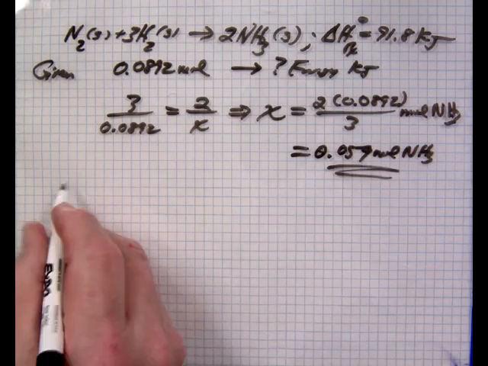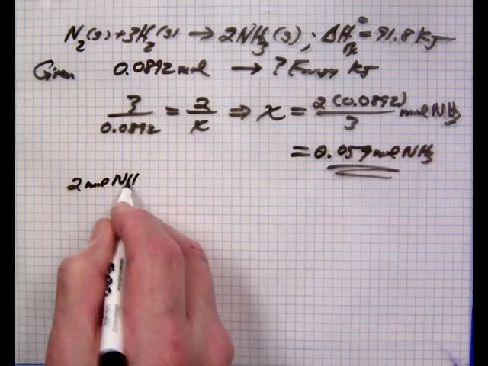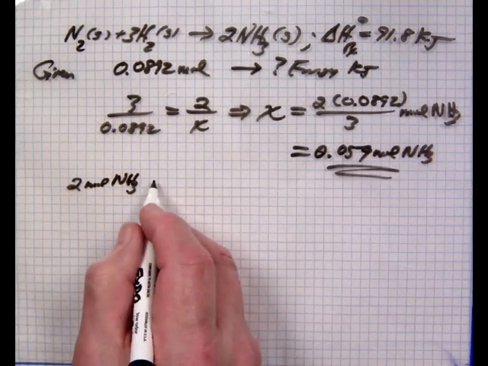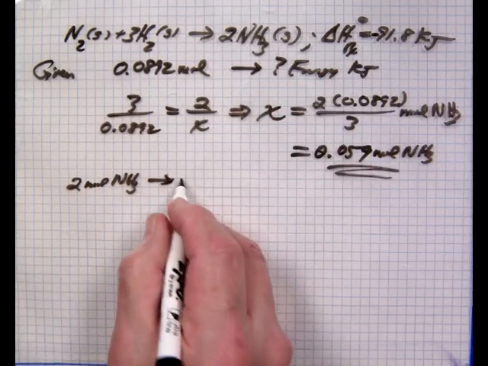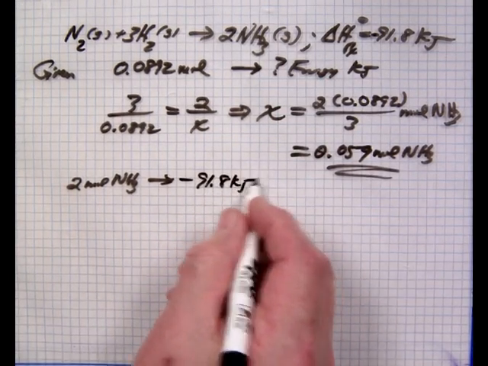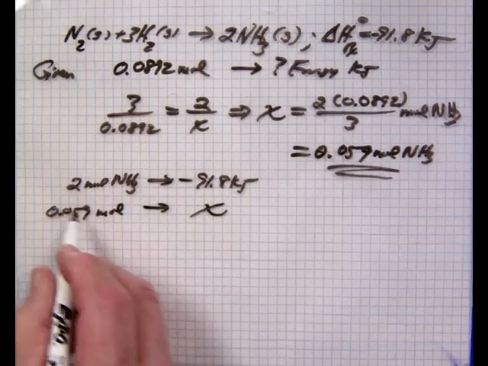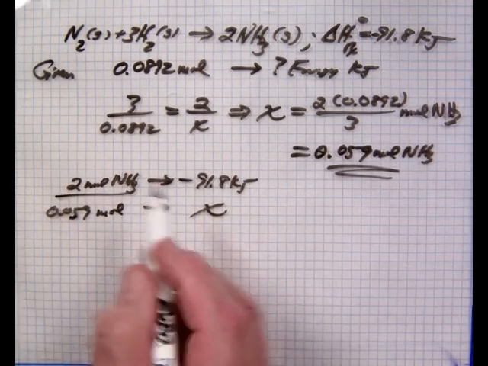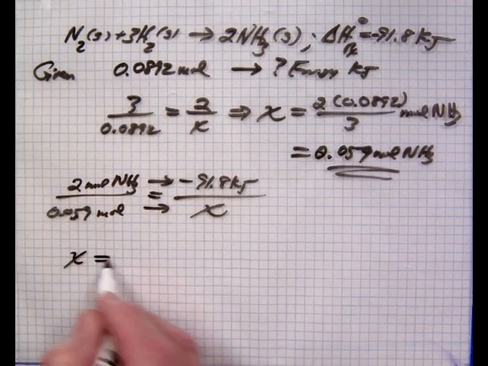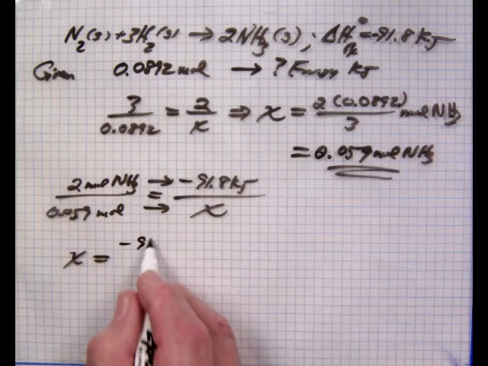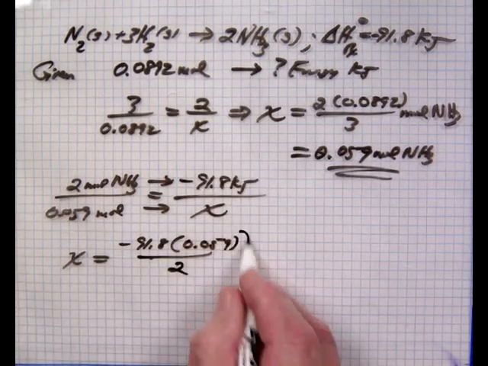Right there, yield. Well, when 2 moles of NH3 are formed, it will give off, that should be a negative in there, forgot it, minus 91.8 kilojoules. 0.059 mole will give you X, like this. Draw your lines between them, set an equal, and then solve for X. X is equal to minus 91.8 times 0.059 divided by 2, and all that's kilojoules.